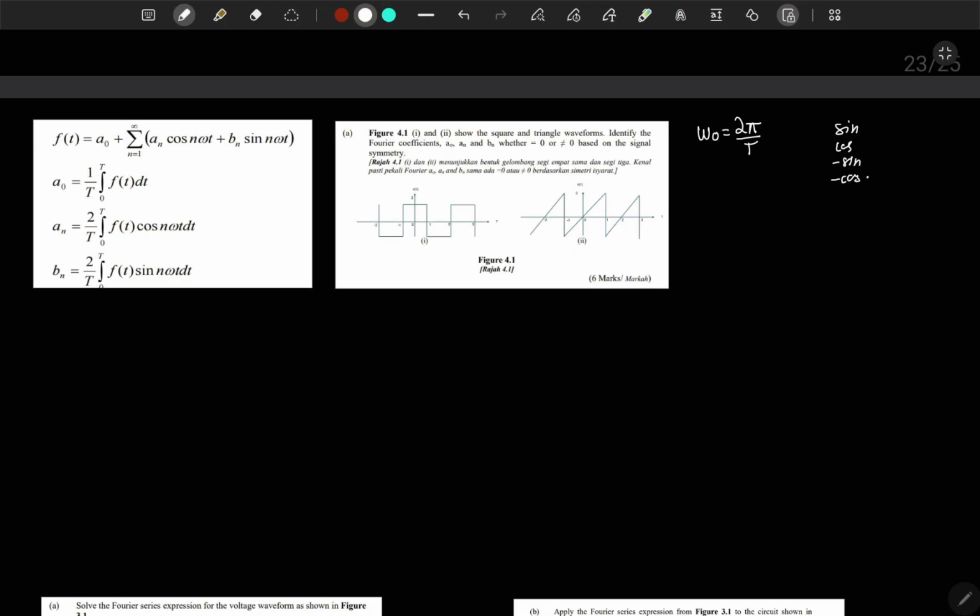Now there are certain stuff that you need to remember in addition. Okay, first, what is T? If you notice here, maybe we will take 1 as our point.